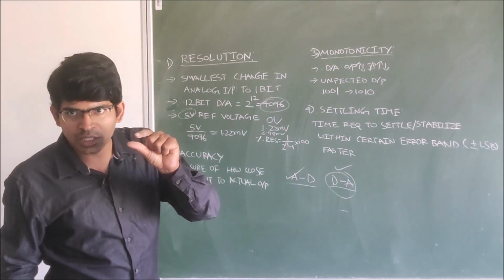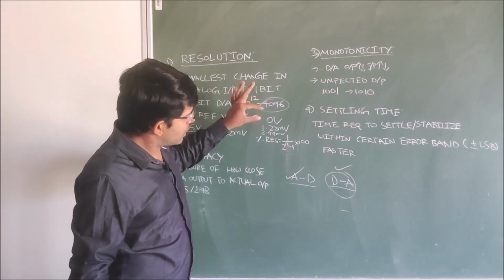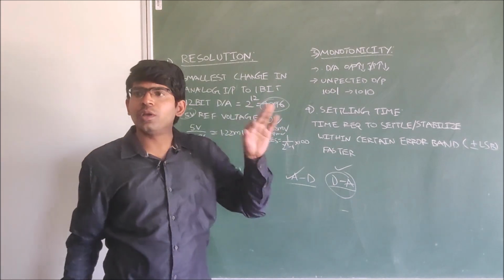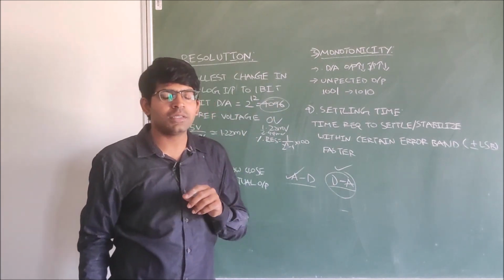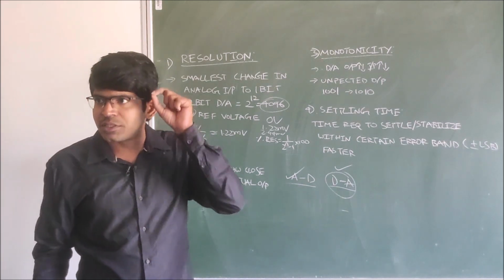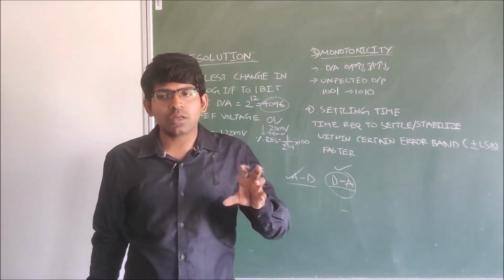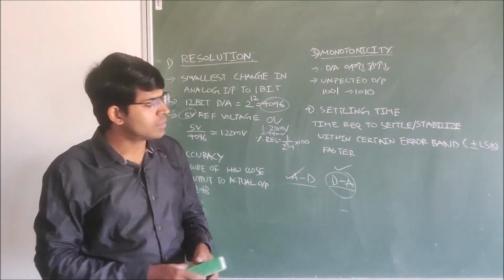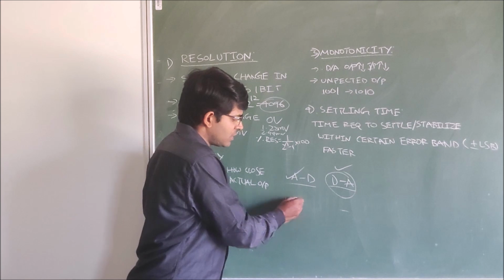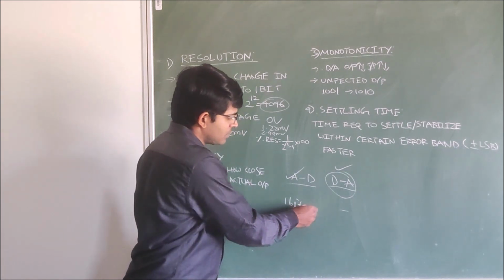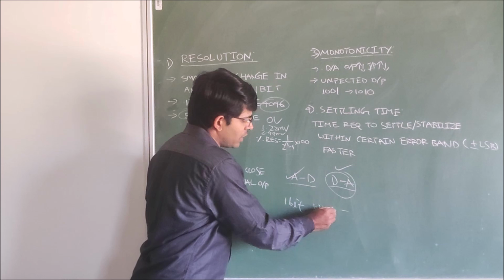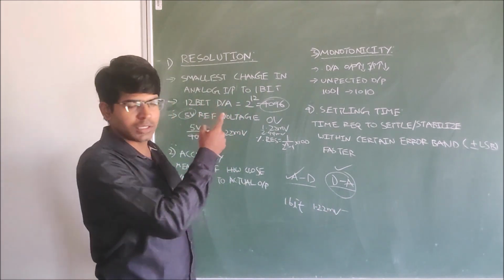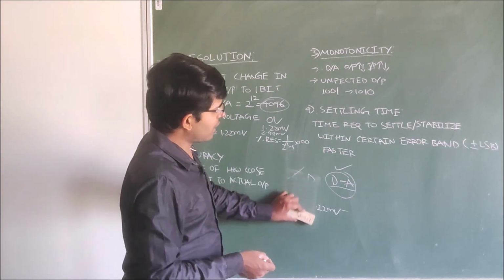So what is the smallest change in voltage? 1.22 millivolts, which means a 1 bit change. For 1 bit change, I am writing 1.22 millivolts. Because it is a 12-bit digital to analog converter, I will write those values.